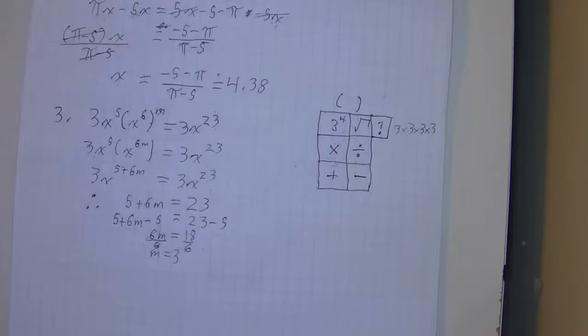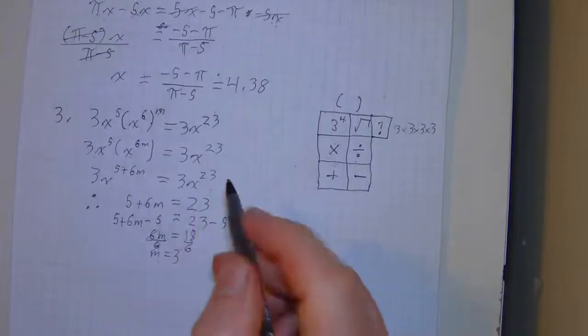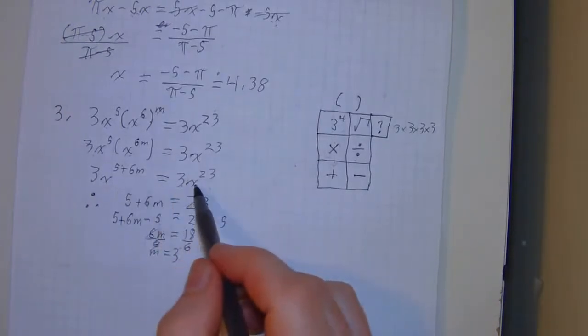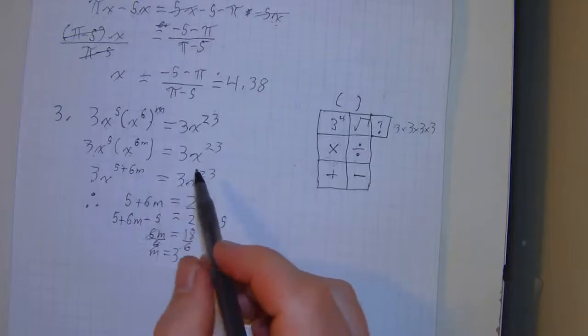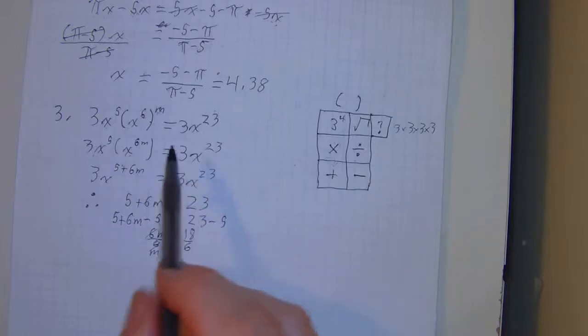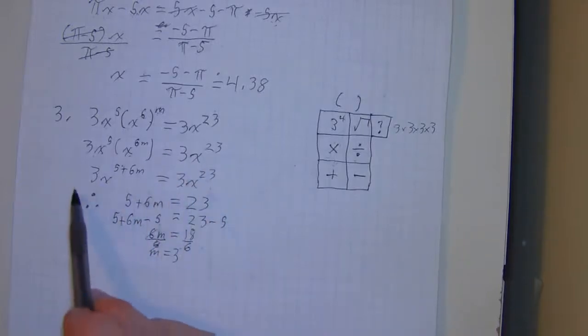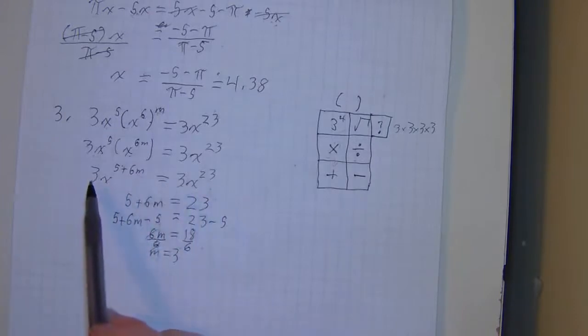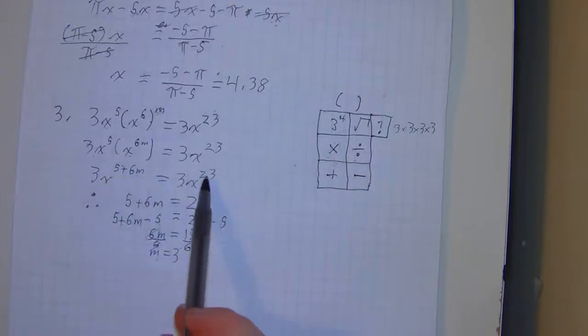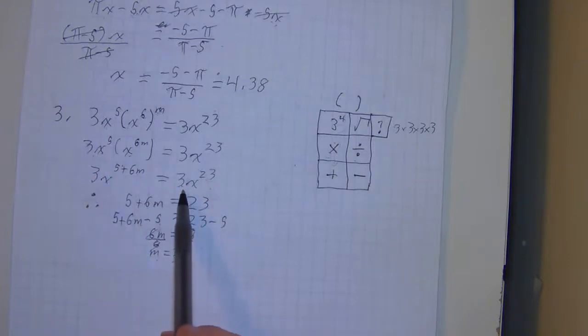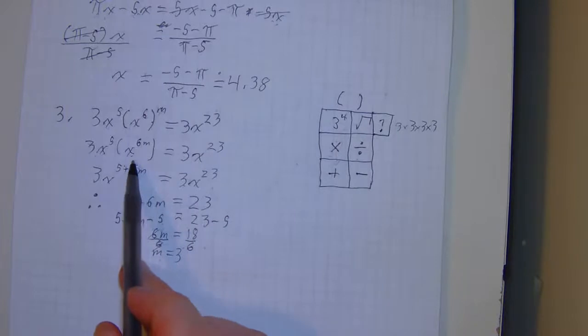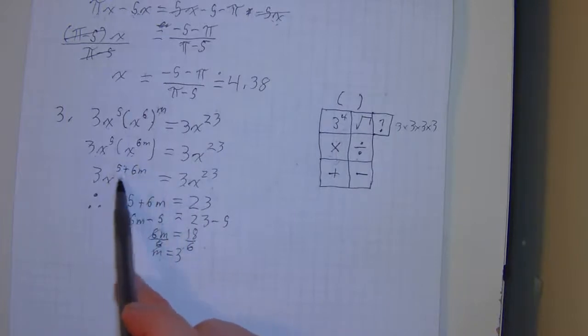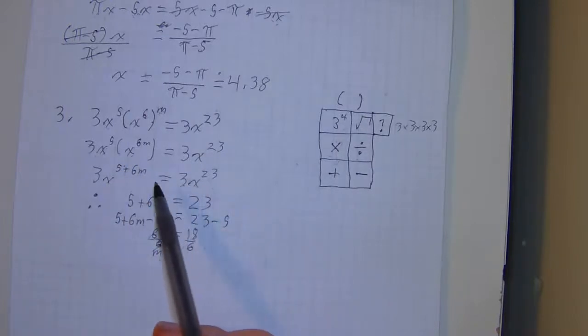All right. So did the x's just cancel out? That's a great question, Nina. What I did here, I didn't really cancel them out, although I guess you could think of it that way. I just said that for these two sides to be equal, everything else is in place except the exponents, right? The 3 is the same on both. The x is the same on both. So this 5 plus 6m needs to become 23.